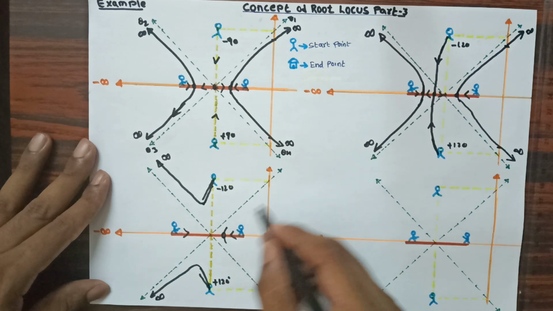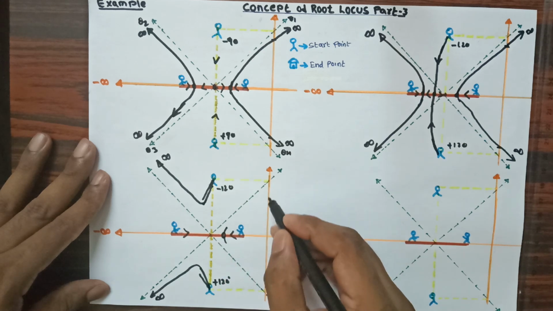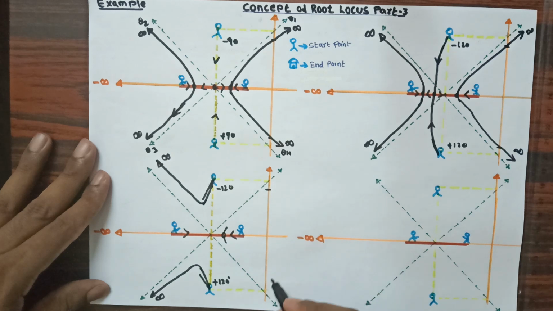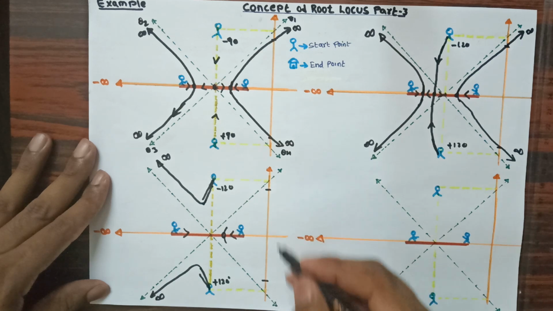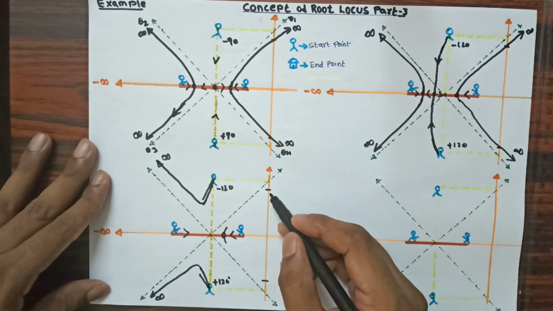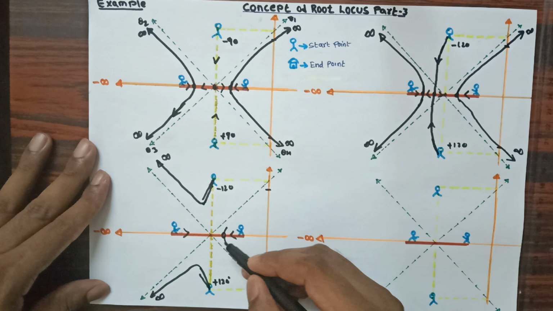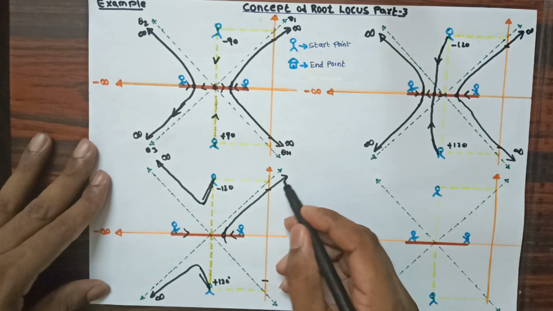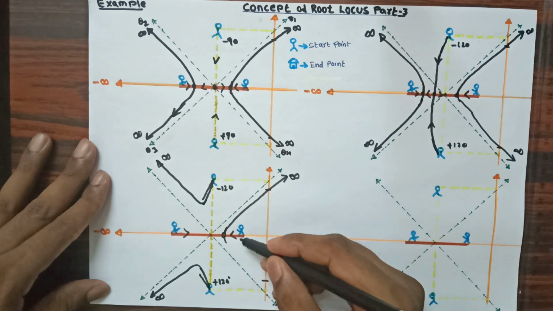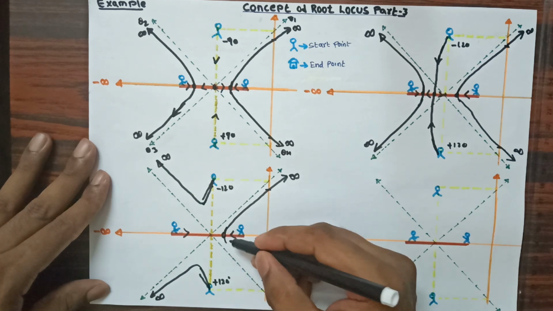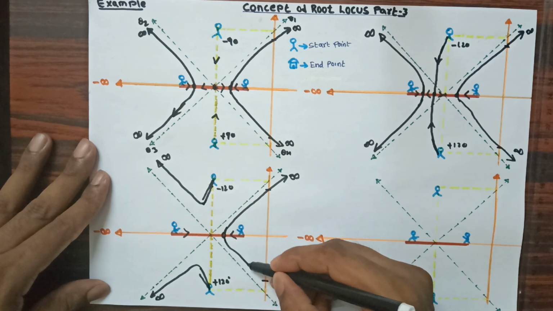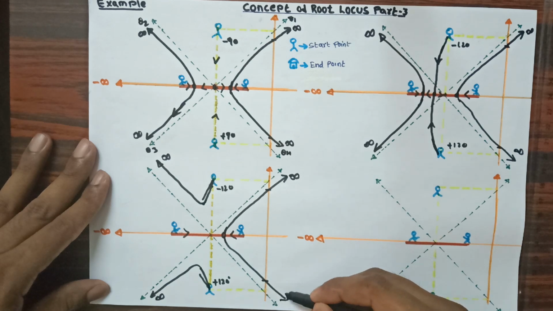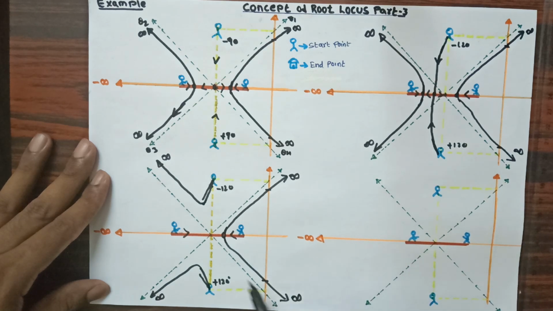But at this angle they are going to cross the imaginary axis. I need to provide the intersection with the imaginary axis above and below. This is the intersection point with respect to the imaginary axis. By observing this intersection point and this angle, this person will move towards the infinite destination, and this person will move towards the infinite destination.